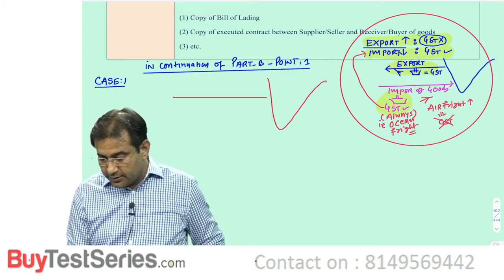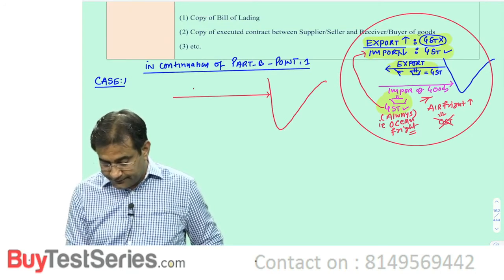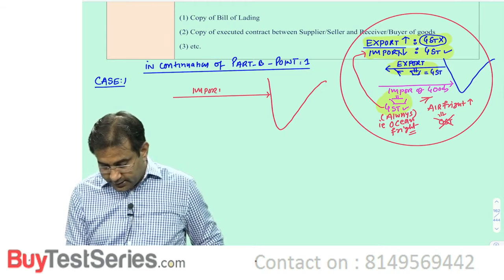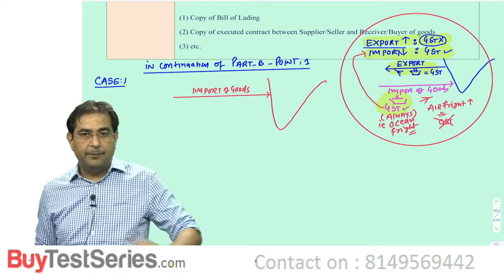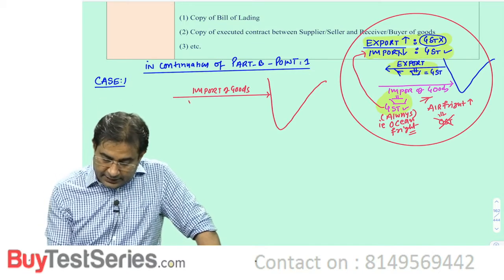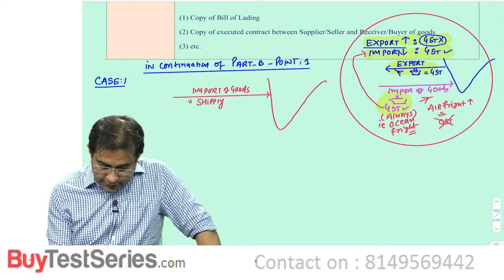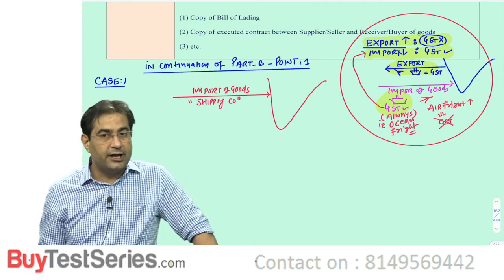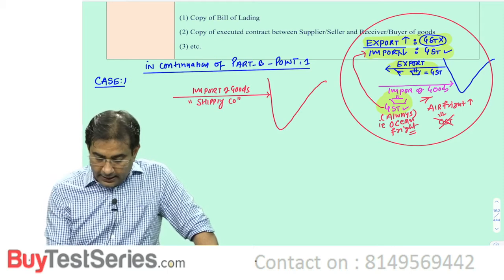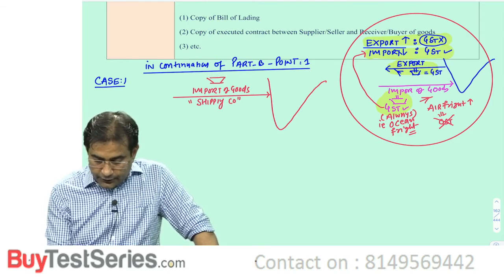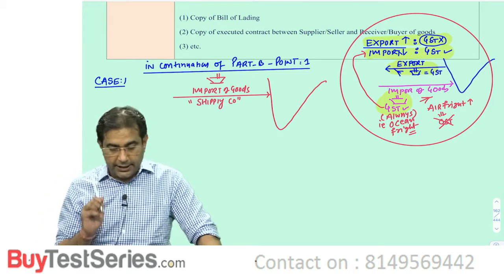Suppose we are importing goods. Here is the import of goods, and the shipping company that provides transportation services belongs to a non-taxable territory. I am importing through a vessel, I'm not talking about aircraft.